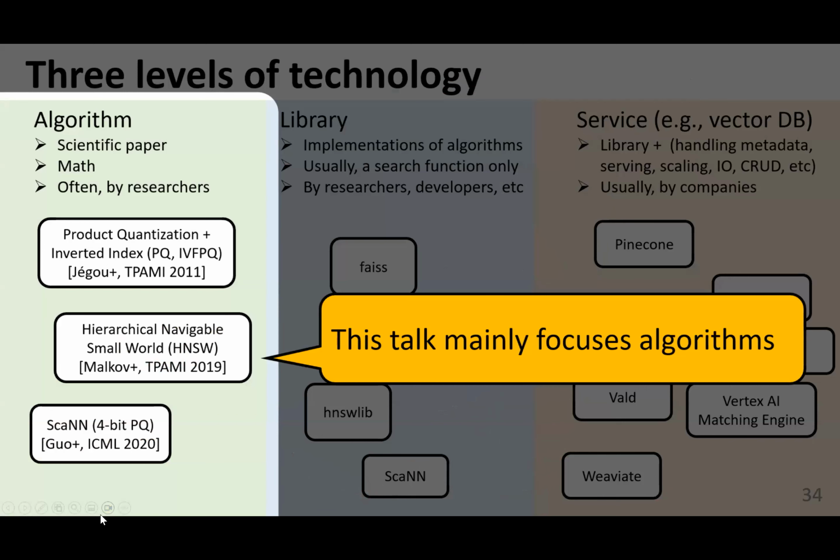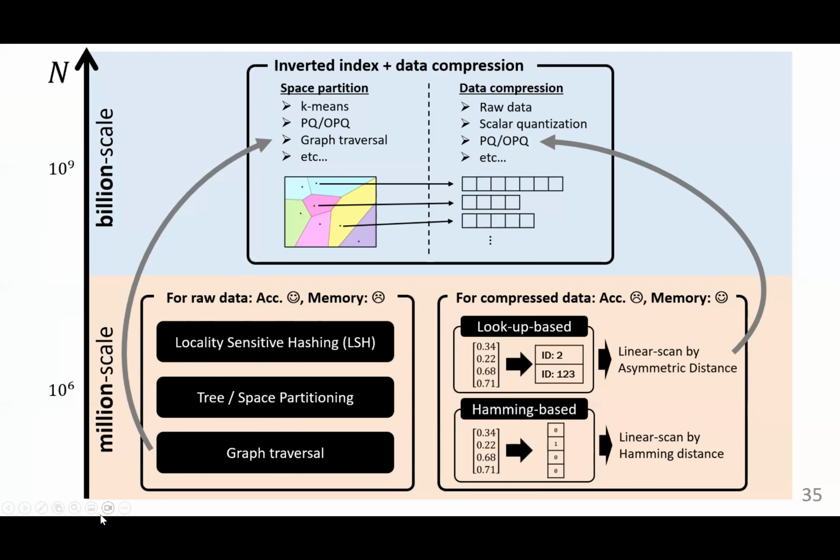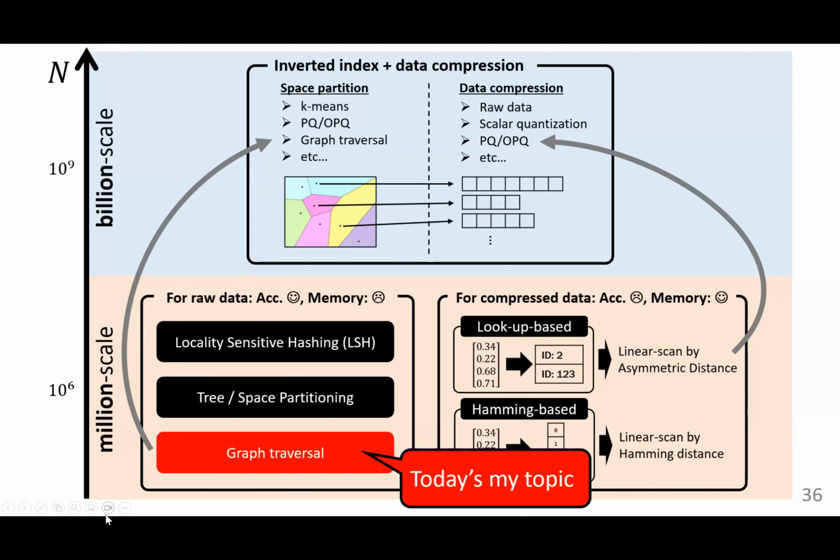Okay, so this is a map of nearest neighbor search. There are million-scale algorithms and billion-scale algorithms. The y-axis is N, the number of items. This slide is actually from my previous tutorial. Today, my topic is this one, graph-based. This is one of the million-scale algorithms.